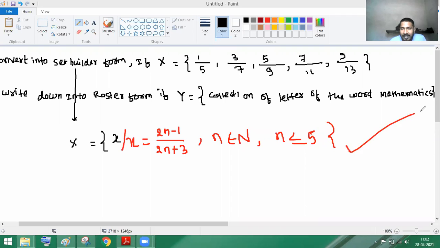It is 2n minus 1 upon 2n plus 3, so your answer is incorrect. It is 2n minus 1 upon 2n plus 1. If you choose 2n plus 1, the first you will get right, but what about the second, third and fourth? Clear? Yes, sir. So this is the right answer.